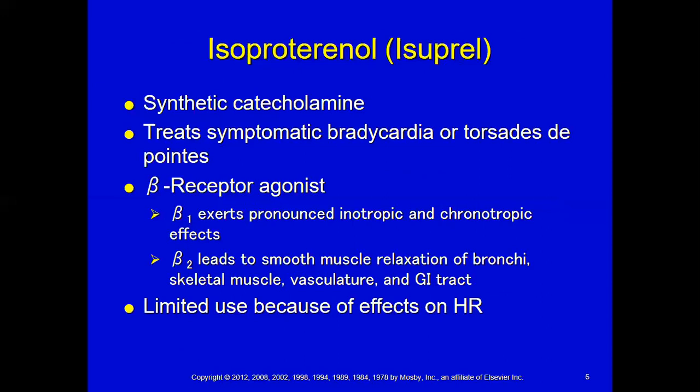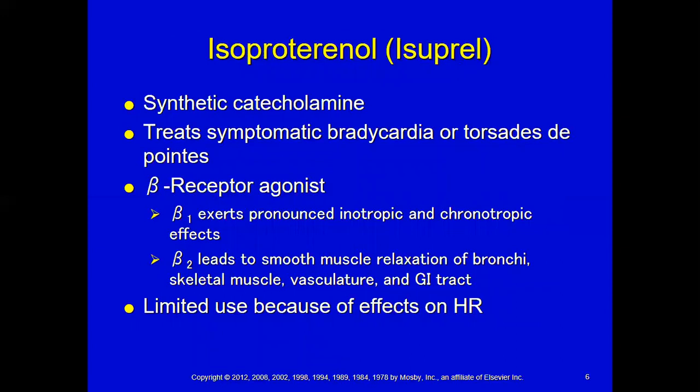Okay. All right. Isoprel. That's not something we make. Okay. That's something we give, and it's a synthetic catecholamine. So if I've got bradycardia and or torsades, so if I've got a patient who has gone in and out of torsades and we brought them back, let's say that we coded the patient and you noticed they were in VTach, but the VTach was torsades.